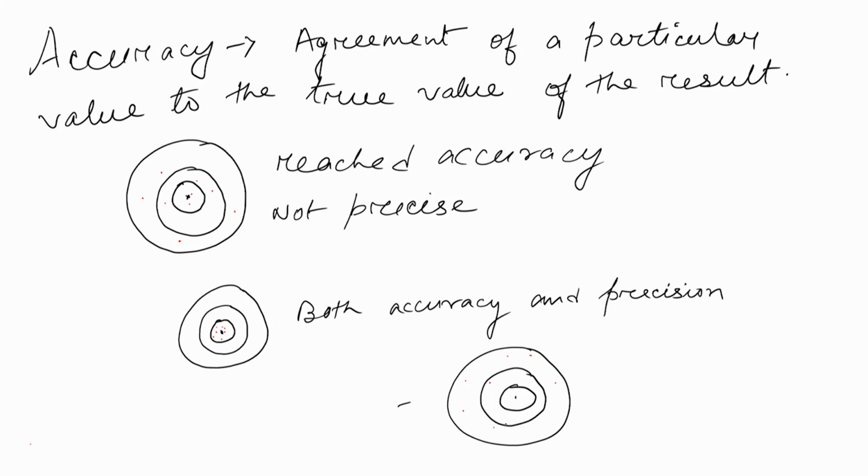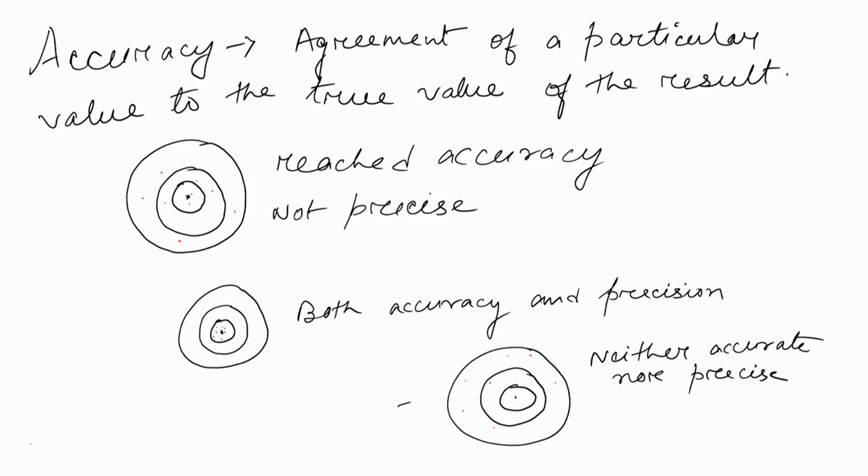Okay. So, these points are neither close to the true value nor close to each other. So, we can say that these points are neither accurate nor precise. So, I hope this is clear, the concept of accuracy and precision.